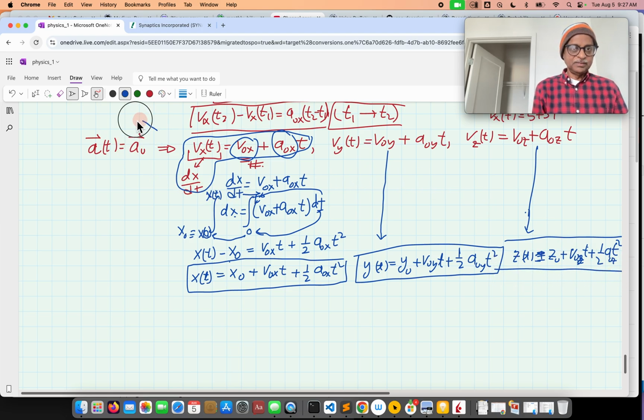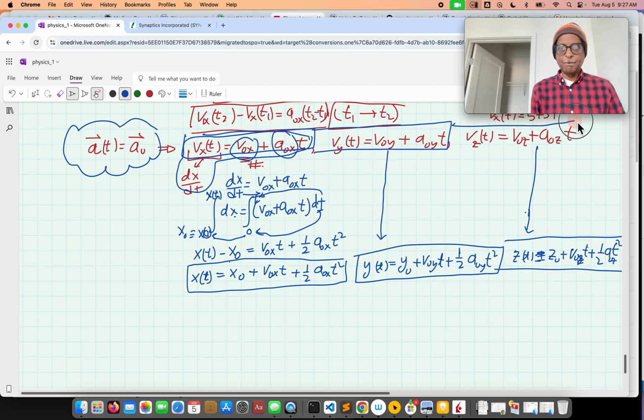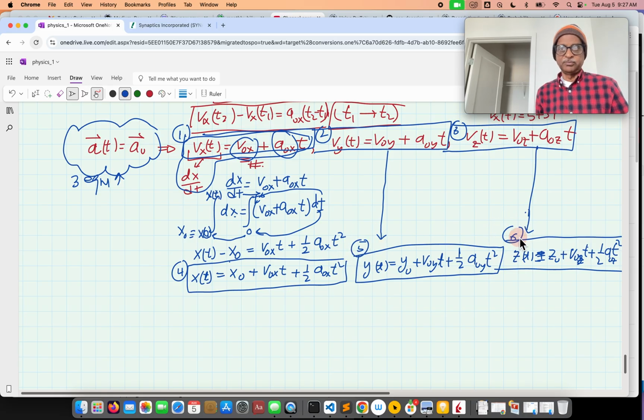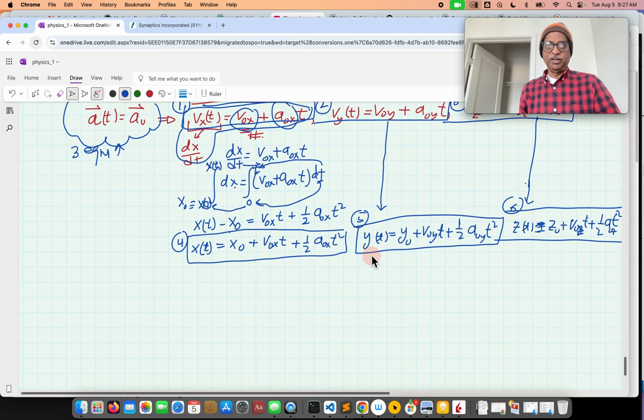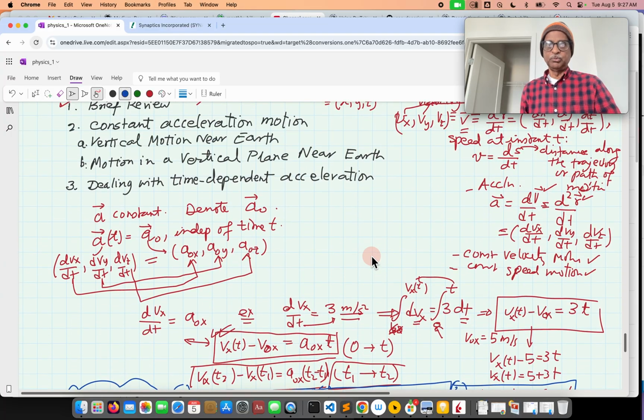So this has led to these 6 equations: equation 1, equation 2, equation 3, equation 4, equation 5, equation 6. And that's all you can do. That's what constant acceleration motion will give you.